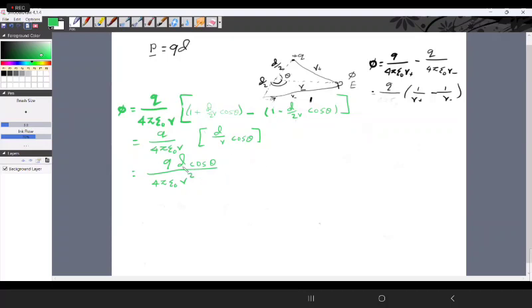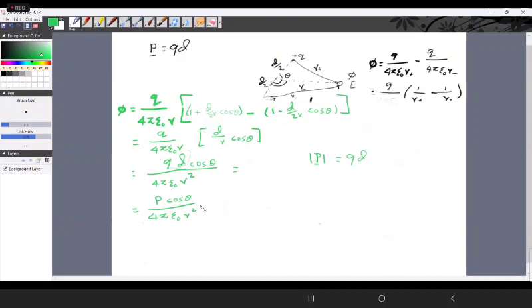Also we know that the magnitude of P, the dipole moment, is equal to Q times D. So we can replace the QD as P, and write this as P cos theta over 4 pi epsilon naught r squared.